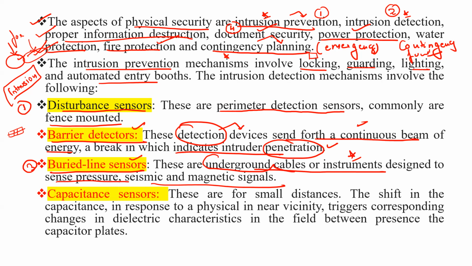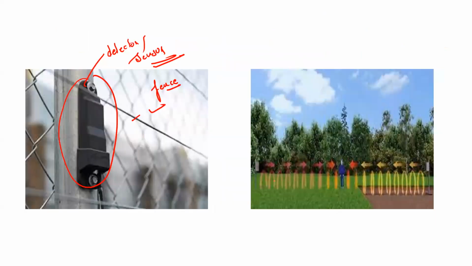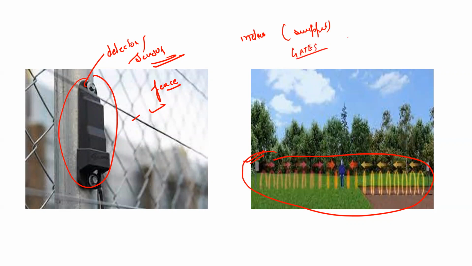Like the one you have seen here, this is an example of that. Like you have in the metros: if you have swiped the card, only after that will the gates open, and if you have not swiped the card and you try to cross, it will be closed. So it depends on a case to case basis.